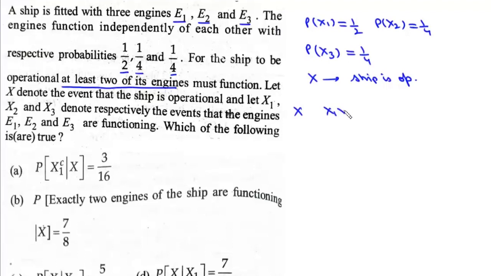So it could be either X1, X2 but not X3, or X1, X3 but not X2, or X2, X3 but not X1, or all 3 of them are functioning, X1, X2 and X3.